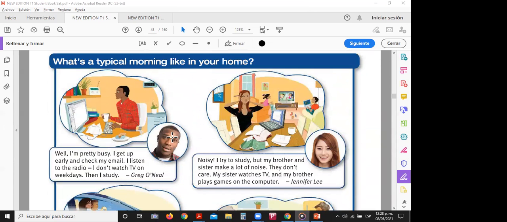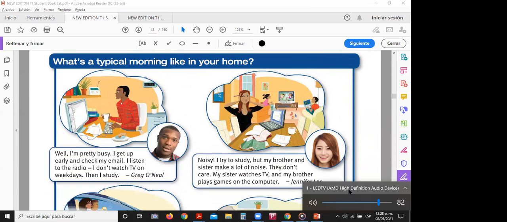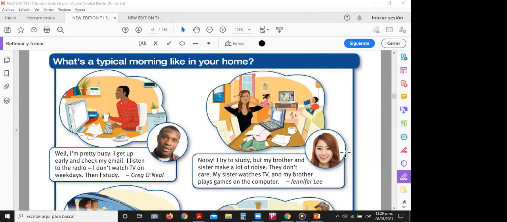What's a typical morning like in your home? Well, I'm pretty busy. I get up early and check my email. I listen to the radio. I don't watch TV on weekdays. Then I study. Noisy. I try to study, but my brother and sister make a lot of noise. They don't care.